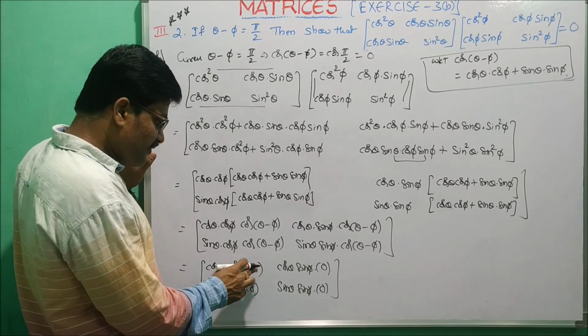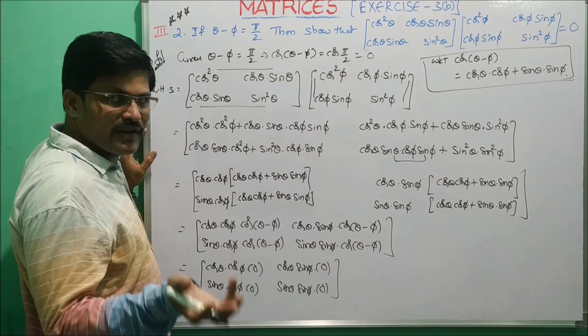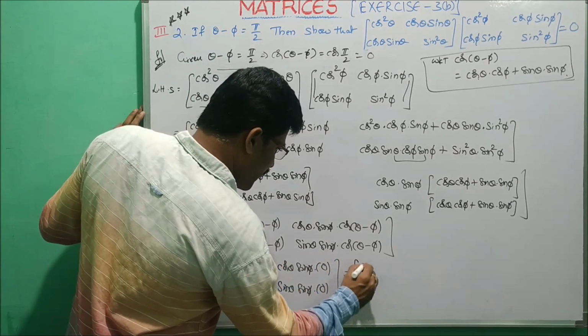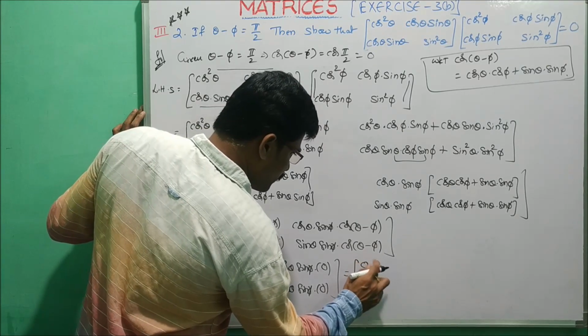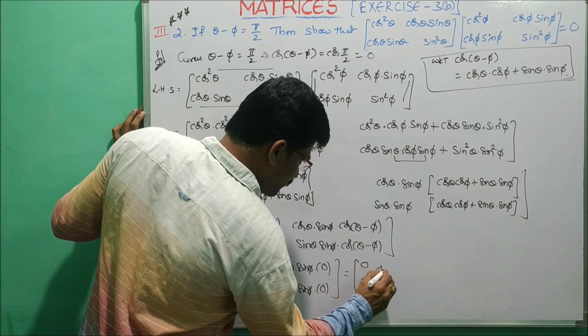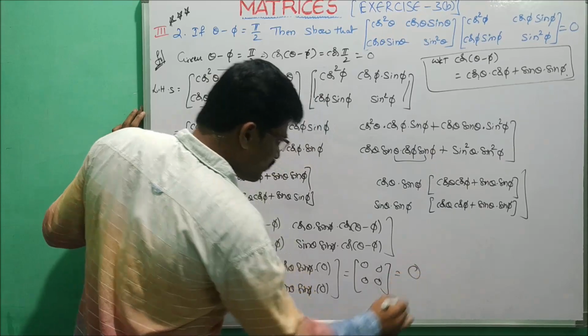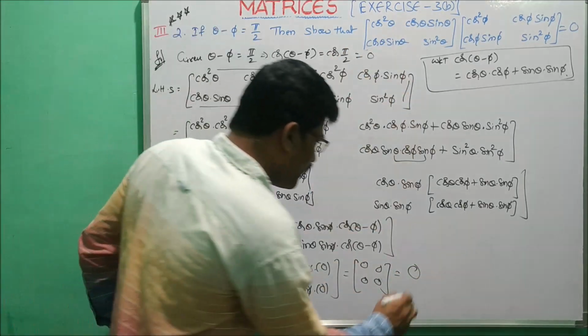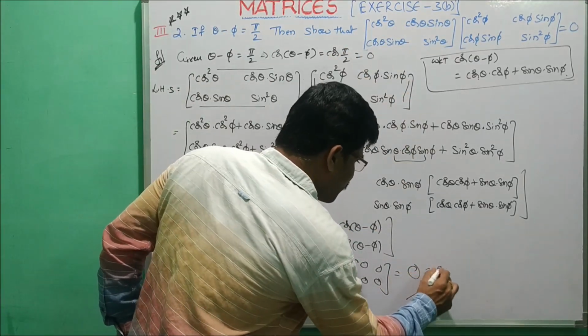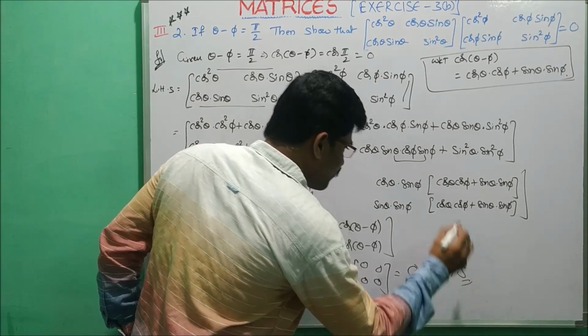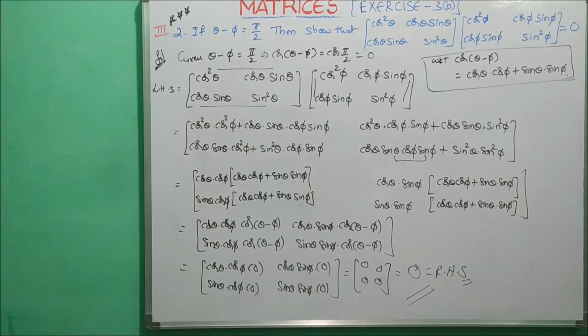So multiplying any element by 0, the value is always 0. Now we write 0 0, 0 0. That is always equal to O. So this is the null matrix. This is the RHS. This is the solution for this question.